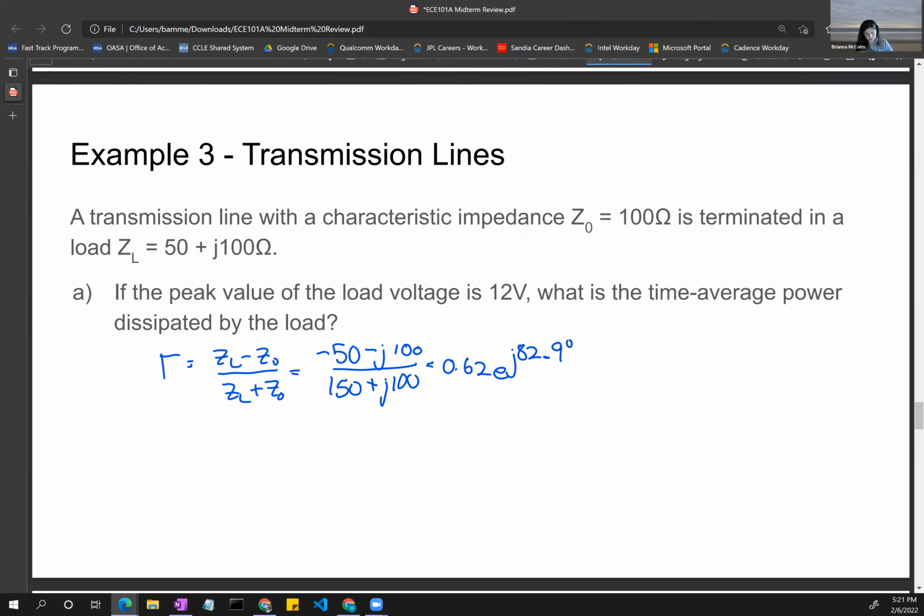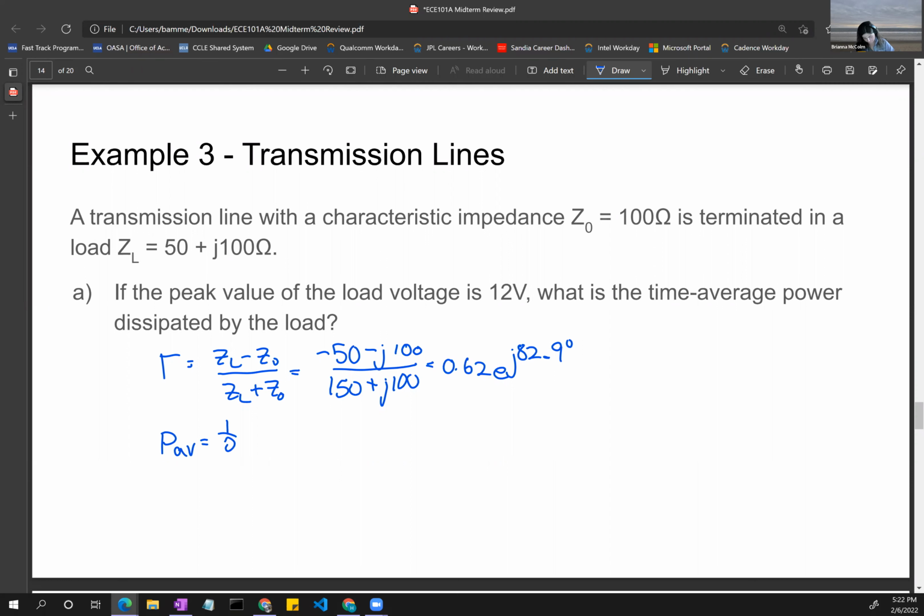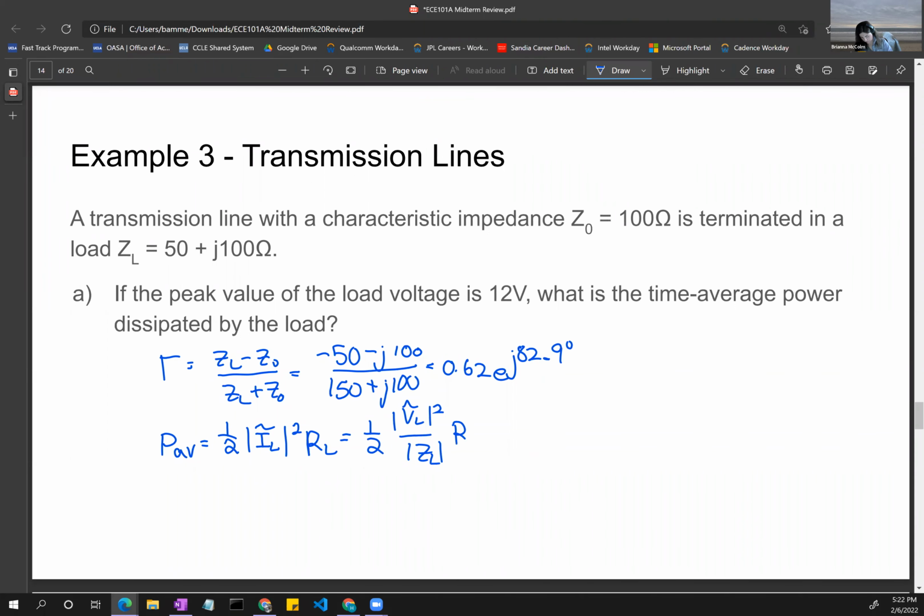And then since we're trying to find the average power at that distance from the load, we can use the equation for average power. Note this term R_L here is going to be the real part of the total load impedance.